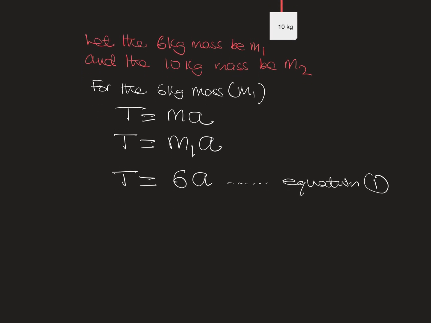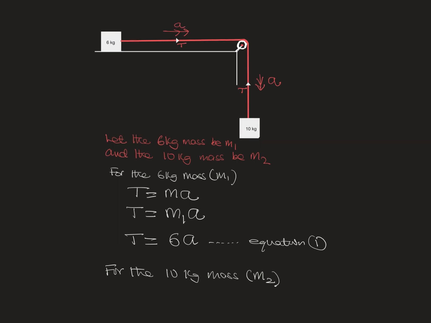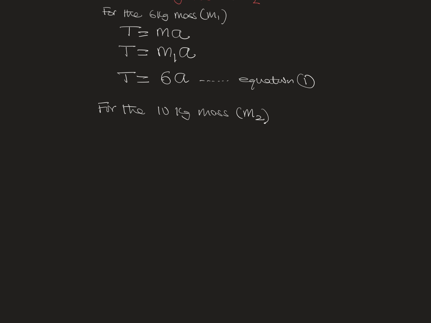Okay. So for the 10 kilogram mass, we can call it M2. If you analyze the diagram, because it is going to accelerate downwards, it means that the weight is greater than the tension. In this situation, we have two forces, the weight and the tension, but because it is going to accelerate down, the weight will be greater than the tension.